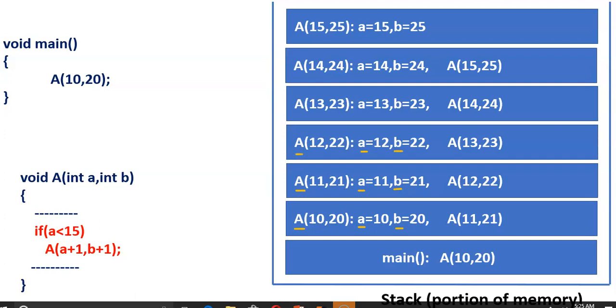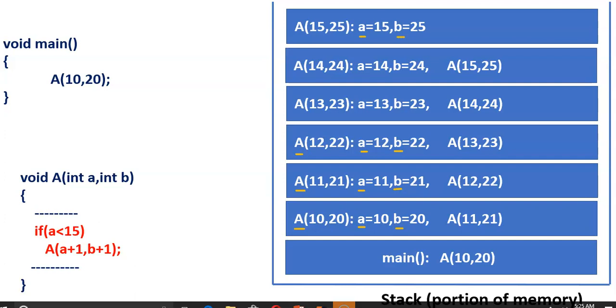In this fashion, whenever a function is called, the local variables declared in that function will be allotted memory. All these a and b variables are different variables from other functions. In the last case, a of 15 comma 25, a value is 15 and b value is 25.